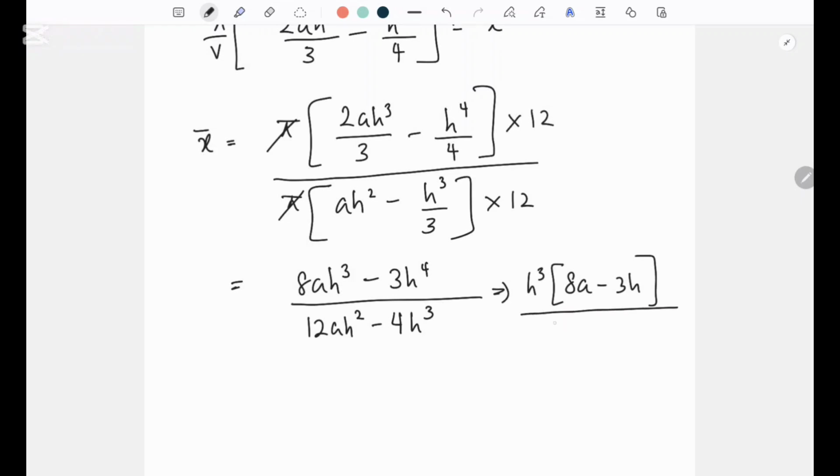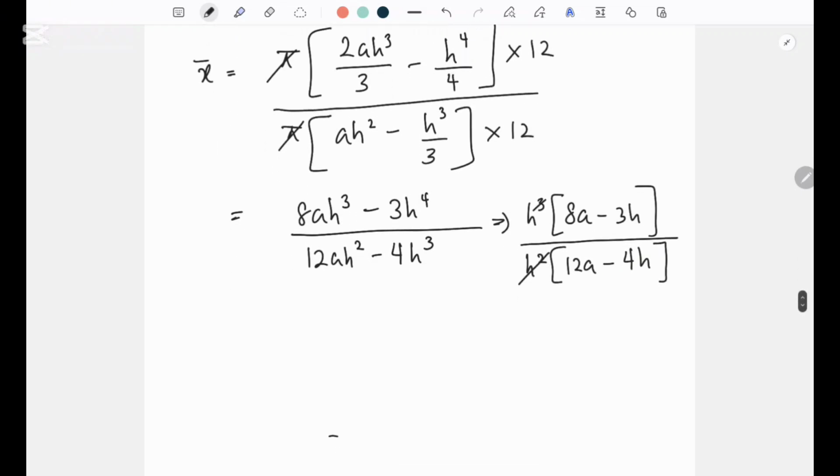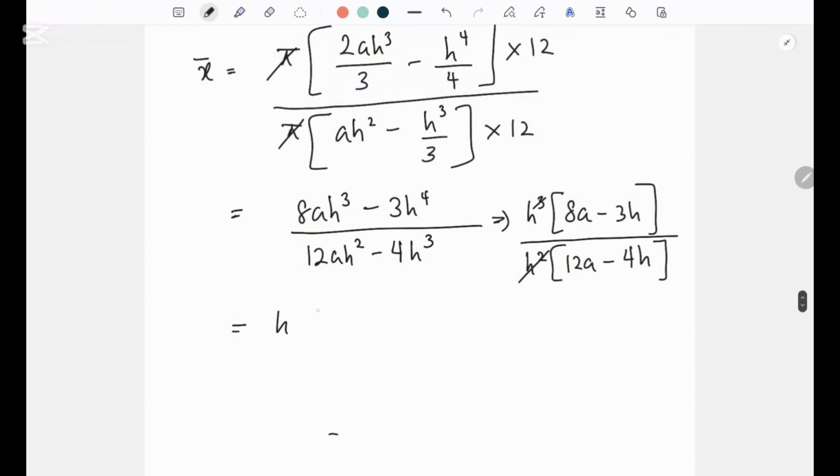Over, and you can take h squared in your base. So I'm going to take h squared out, and it's going to be 12a minus 4h, right? These cancel off, and you just end up with h. So your center of mass is h into 8a minus 3h over 12a minus 4h, right?